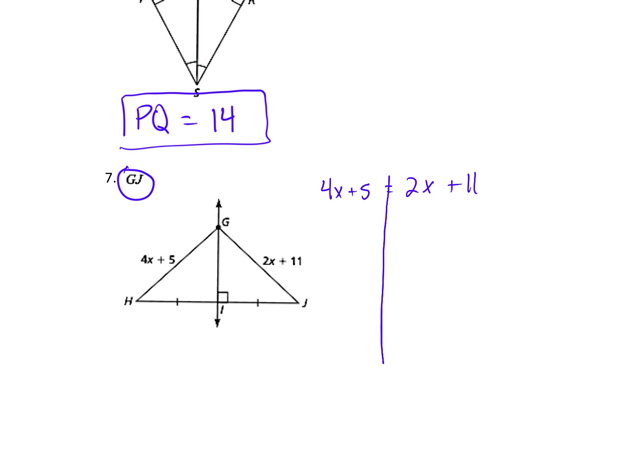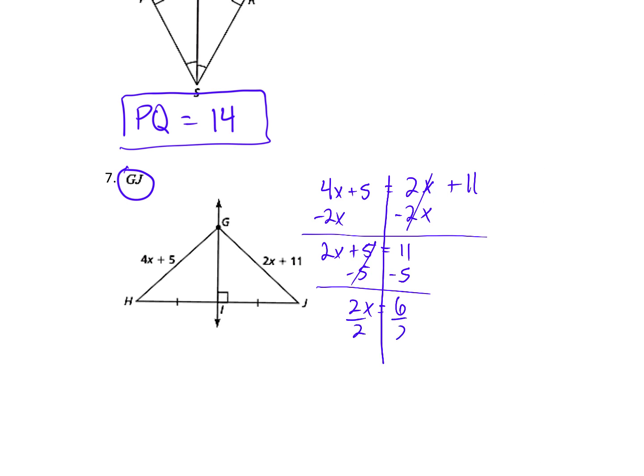I'm going to subtract 2x from both sides. This gives me 2x plus 5 equals 11. Now I'm going to subtract 5. This gives us 11 minus 5 is 6. So 2x equals 6. Divide by 2.